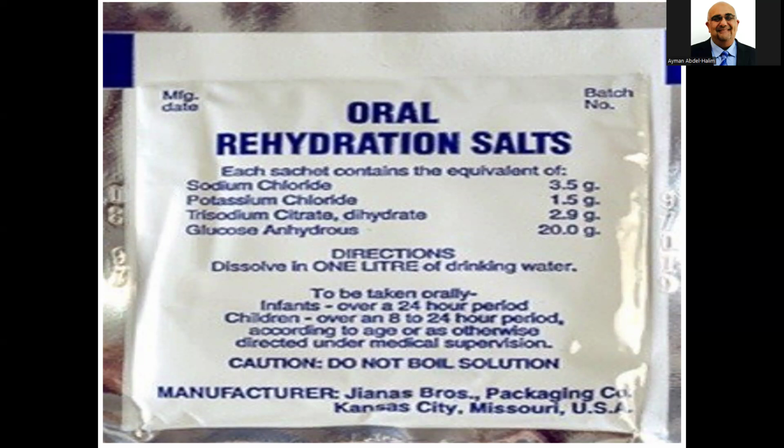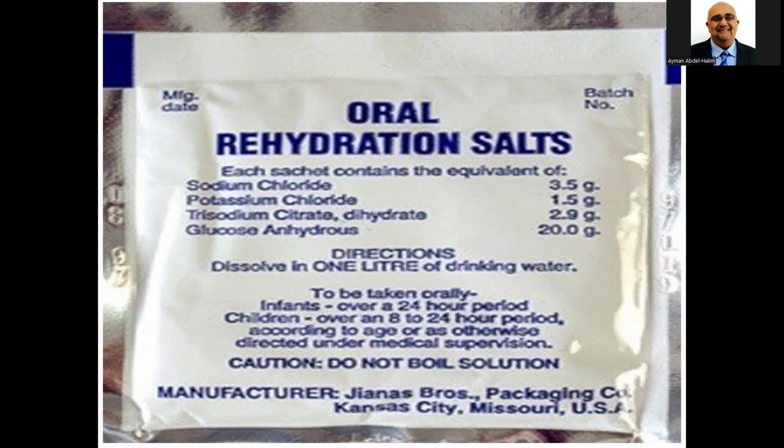An oral rehydration solution, like the one that we use for diarrhea, is composed of sodium chloride, potassium chloride, and glucose. Then you dissolve it in water and you drink it.